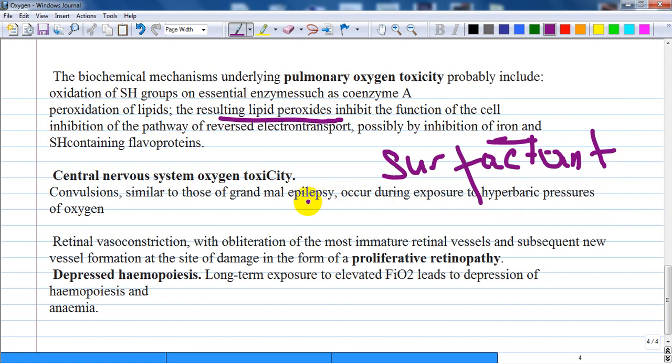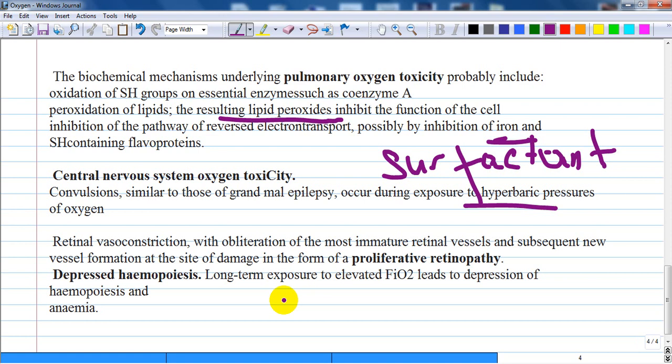Central nervous system oxygen toxicity: convulsions similar to those of grand mal epilepsy occur during exposure to hyperbaric pressures of oxygen. Retinal vasoconstriction with obliteration of the most immature retinal vessels and subsequent new vessel formation at the site of damage occurs in the form of proliferative retinopathy.